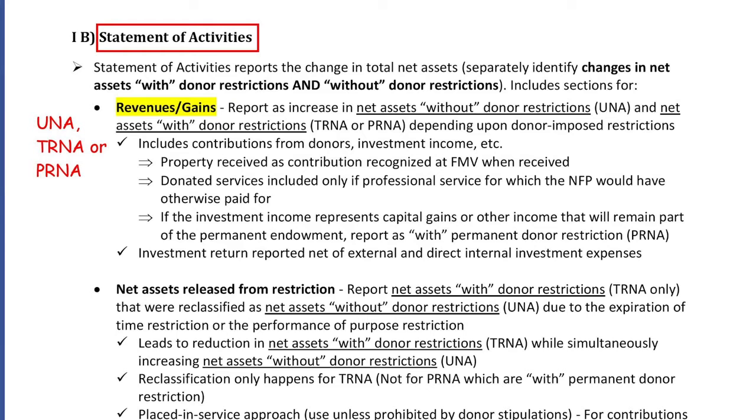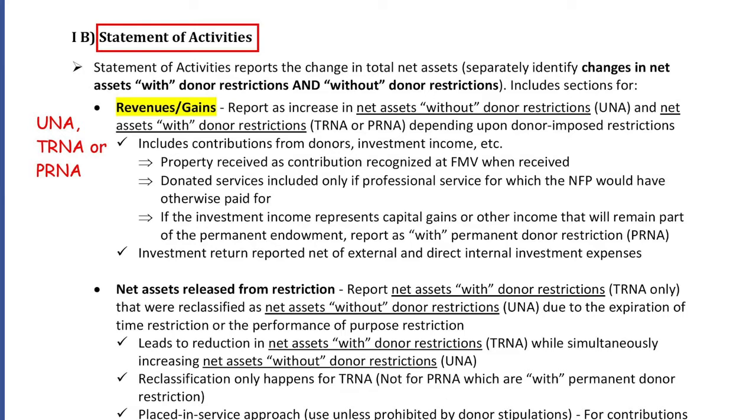So any increase in UNA or unrestricted net assets is reported as an increase in net assets without donor restrictions. Whereas any increase in TRNA or PRNA is reported as an increase in net assets with donor restrictions.